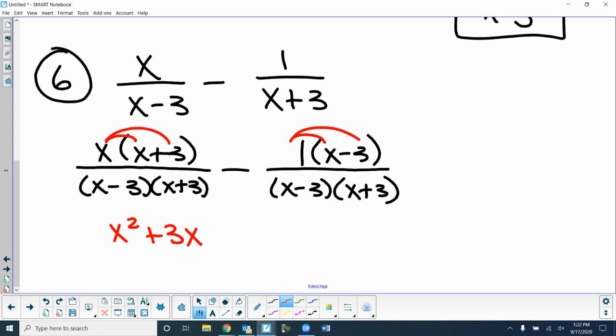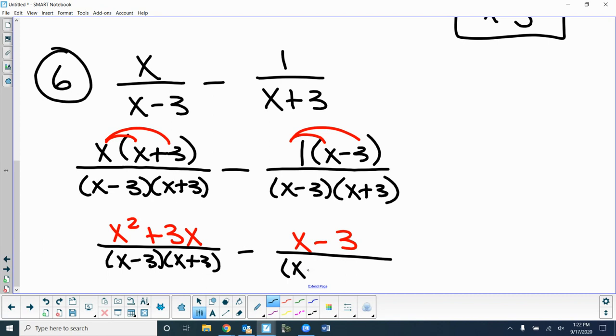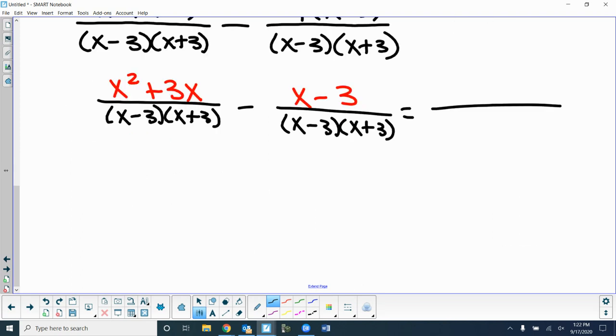And that's x minus 3. So I still have this same denominator. That didn't change. I just did my distributing so I could look at what like terms I have. Move this up a little more so we can see.